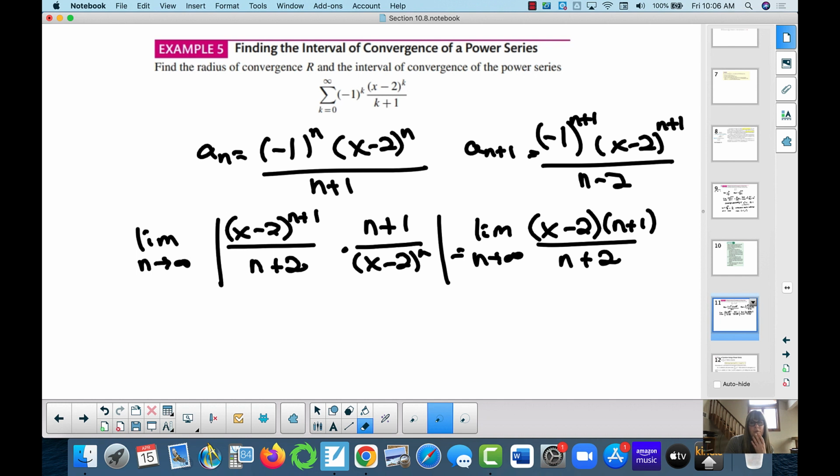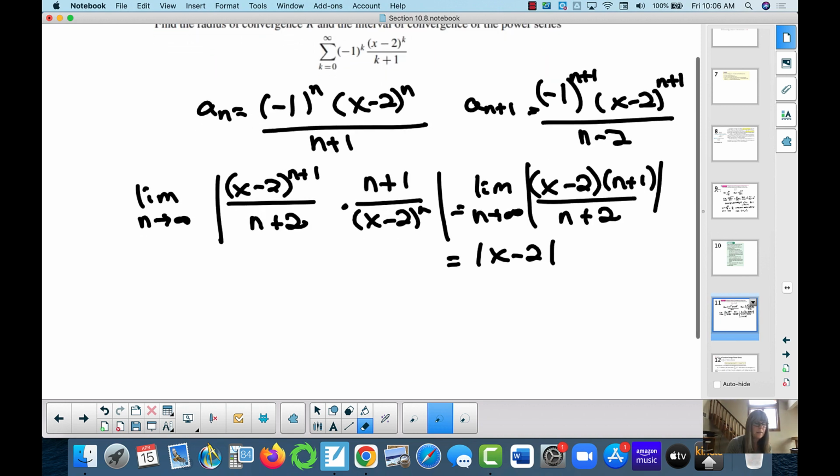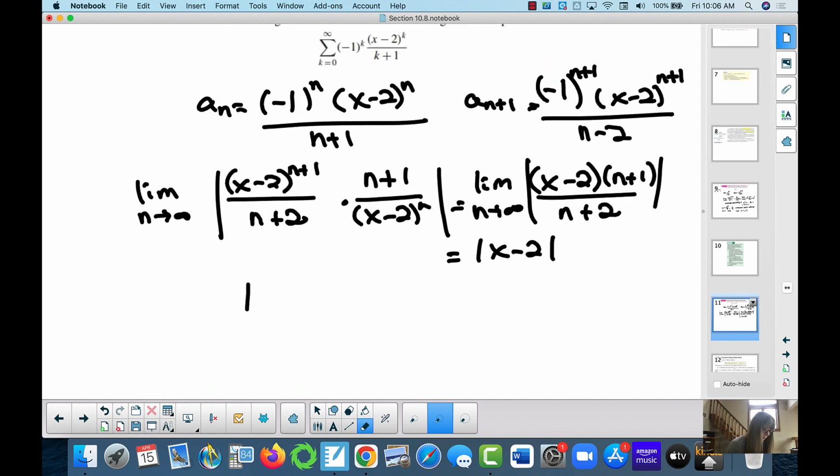But looking at the limit as n approaches infinity of n plus 1 over n plus 2, that is just 1. So then that limit is the absolute value of x minus 2. The absolute value is really important here because that helps us to determine our endpoints. So remember, we want the absolute value of x minus 2 to be less than 1 for this series to converge.